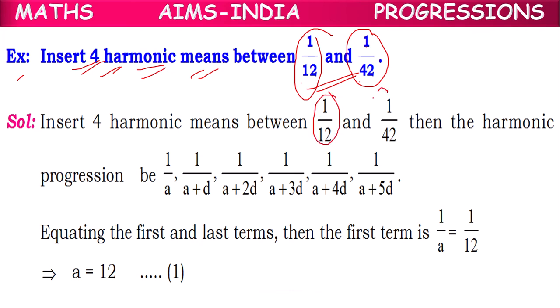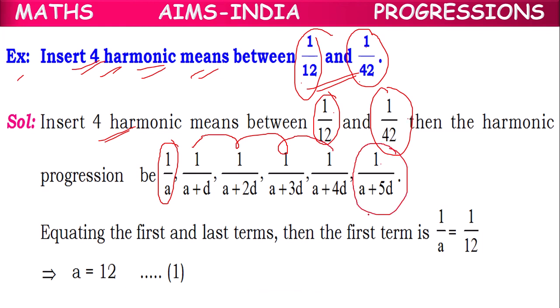If we assume the first term as 1 by a, the next 4 harmonic means will be 1 by a plus d, 1 by a plus 2d, 1 by a plus 3d, 1 by a plus 4d, and the last term will be 1 by a plus 5d. Like this, we will have 2 plus 4, that is 6 terms in total.